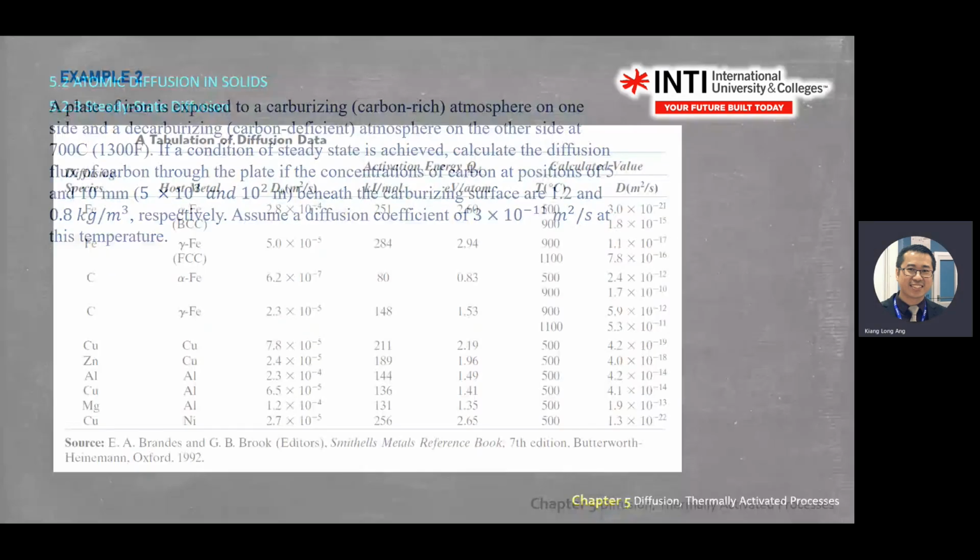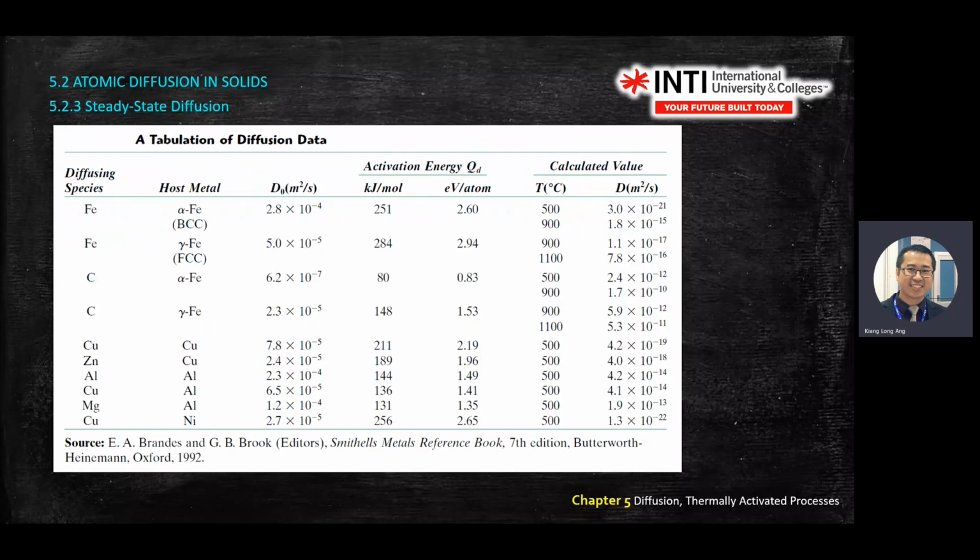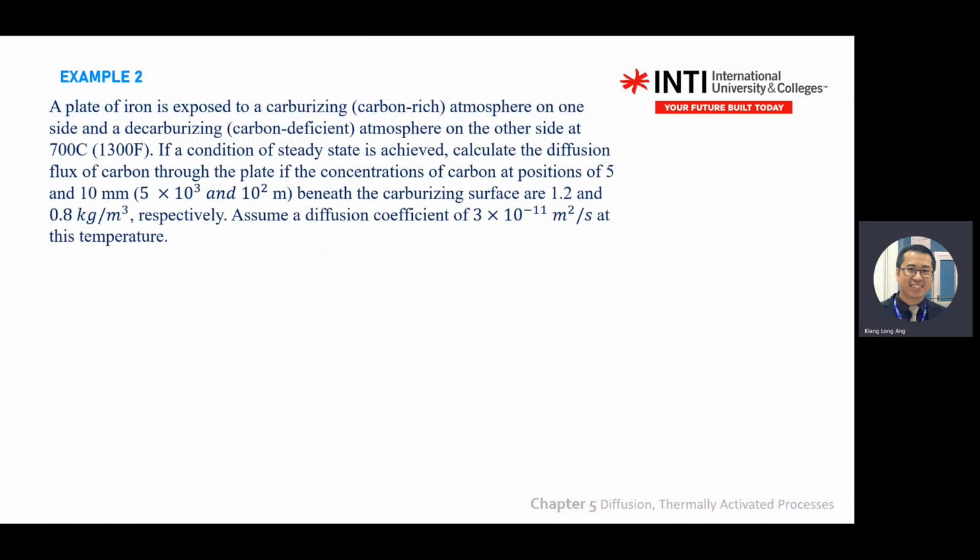So let's see how we apply this table, or how we ask you in the assessment. You have a plate of iron, Fe, exposed to a carburizing, carbon-rich atmosphere, which is C, on one side, and a decarburizing, carbon-deficient atmosphere on the other. So what does it mean? You have ferrum, you have carbon.